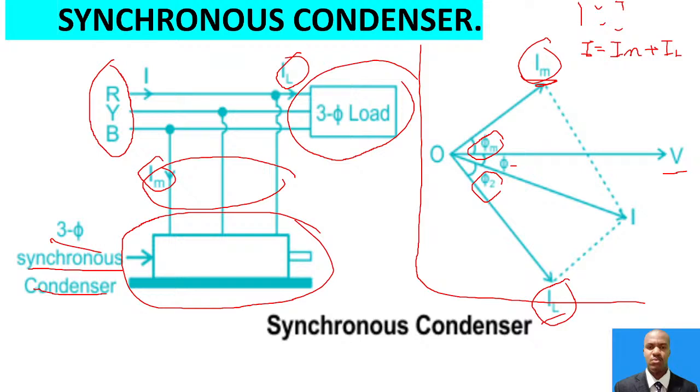So you can simply say that cos phi is greater than cos phi 2.